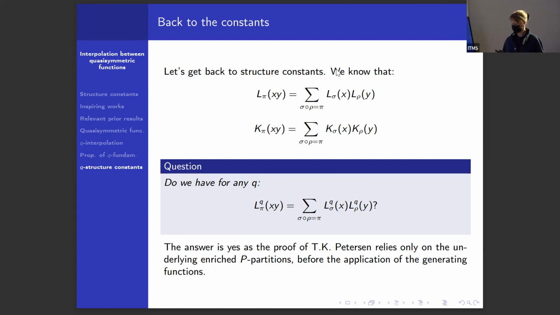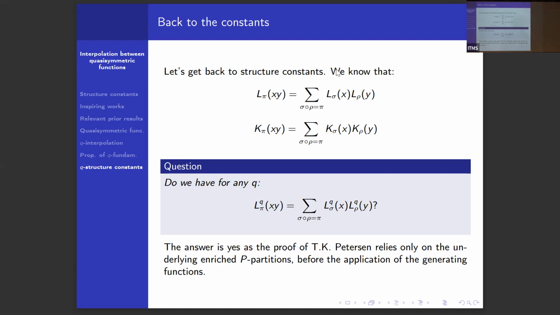By rewriting the product formula for the fundamental quasisymmetric function and the peak quasisymmetric function for the product xy, we can see the general form in terms of permutation factorizations.